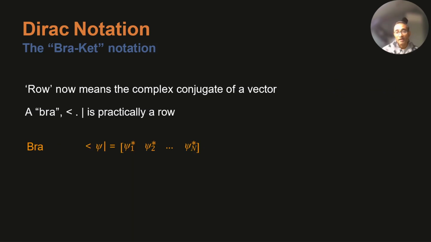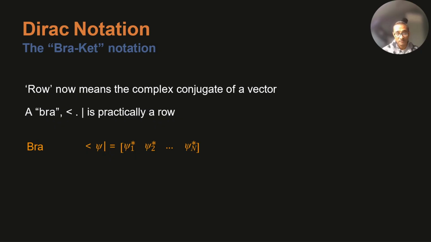Now, we have looked at ket, which is a vector notation representing a column. We now look at the bra functionality, which actually represents a row, in terms of what it means, the complex conjugate of a vector.